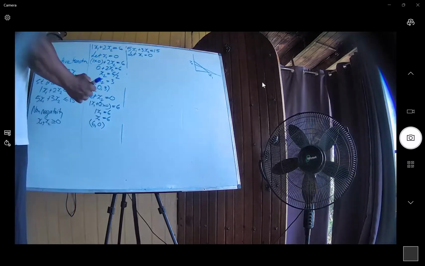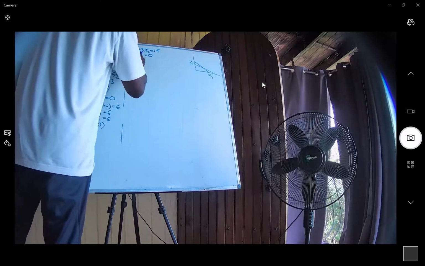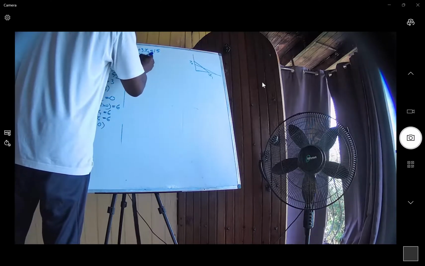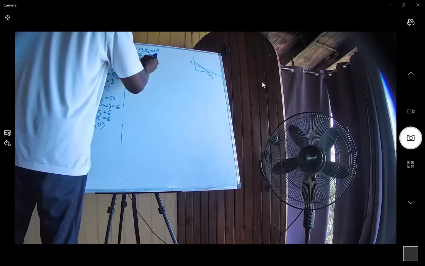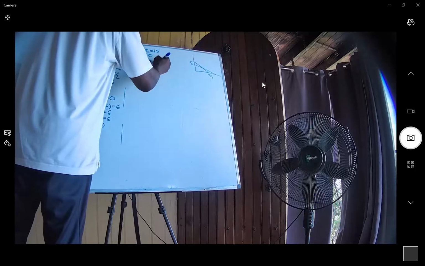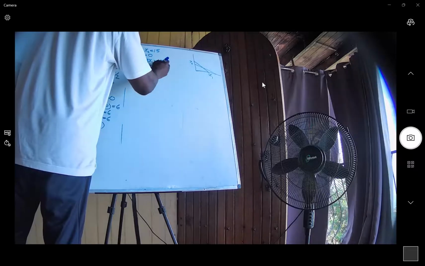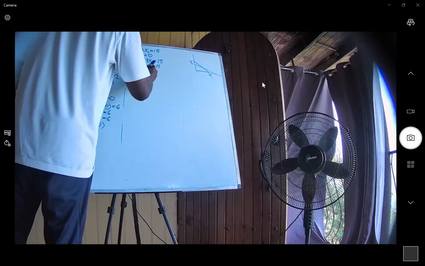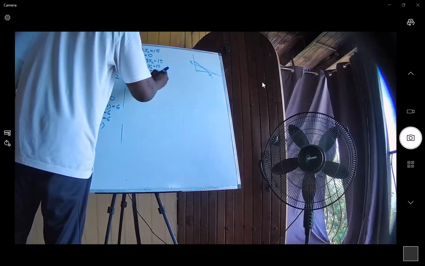So 5 times 0 plus 3x2 is equal to 15. So 0 plus 3x2 is equal to 15. So 3x2 is equal to 15 divided by 3.